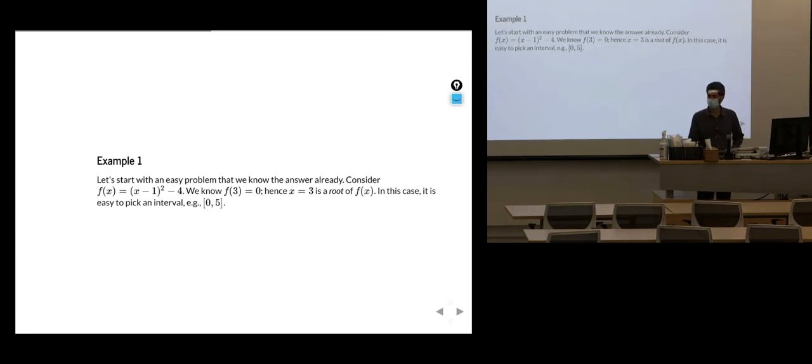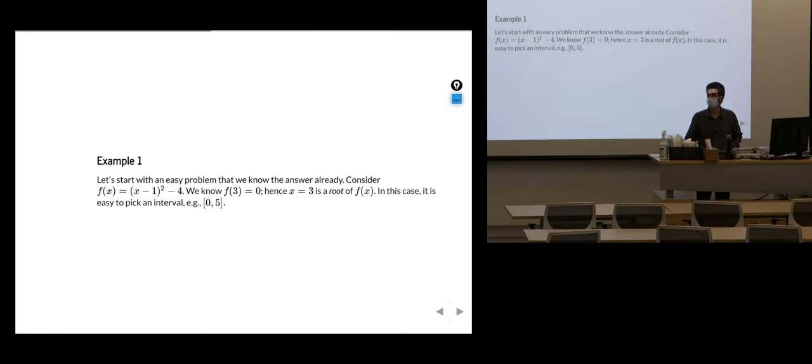A simple example, where we know the solution and can see how the algorithm performs. The function we're looking at is f of x equals (x minus 1) squared minus 4. We know that if you plug in 3, that's the root. So x equals 3 is the root of our function.